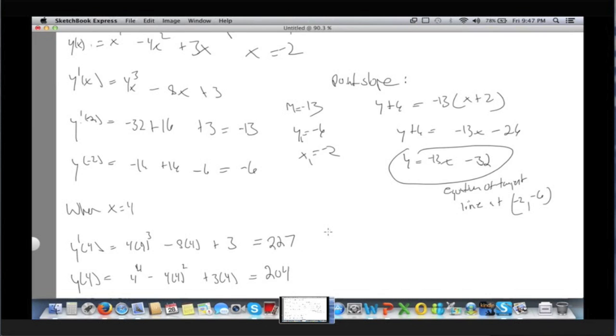Two oh four, and x equals 4, y equals 204, and slope equals 227.